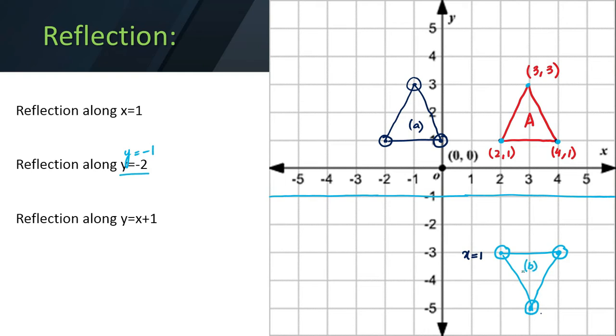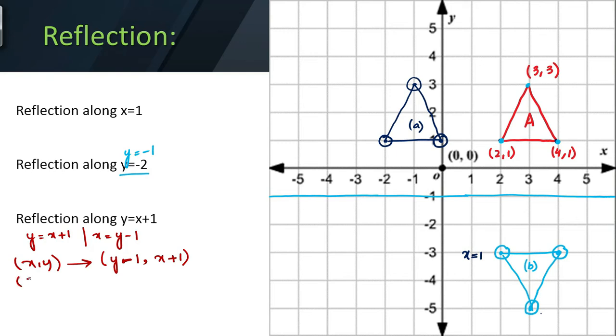Now the last line is y is equal to x plus 1. So y is equal to x plus 1, and if we make x the subject from here, x will be equal to y minus 1. So it means our x and y coordinates have interchanged. x is equal to y minus 1 and y is equal to x plus 1.